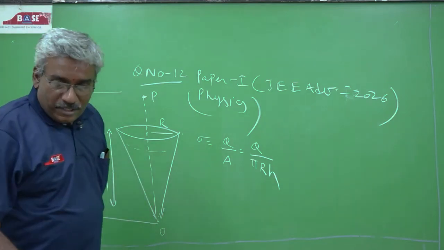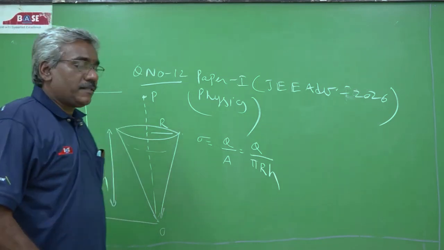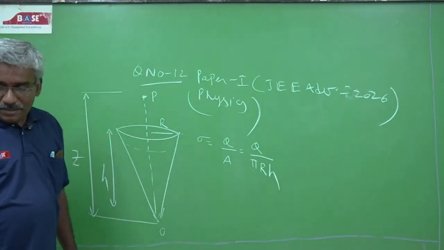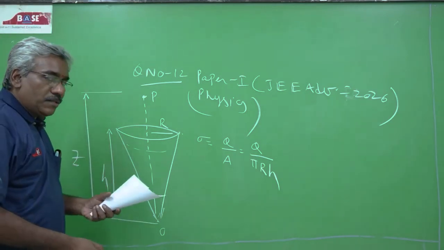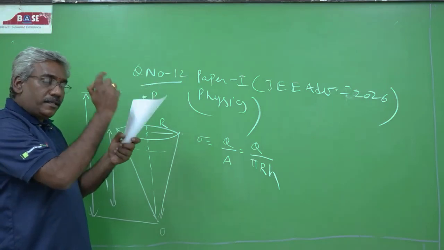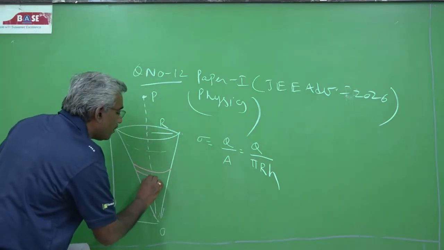For this, let us consider some charge element. This cone is assumed to be a combination of several elementary rings. That's what I am taking here. This is my elementary ring.